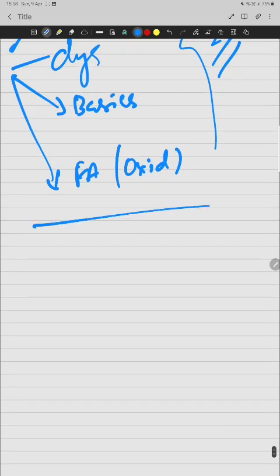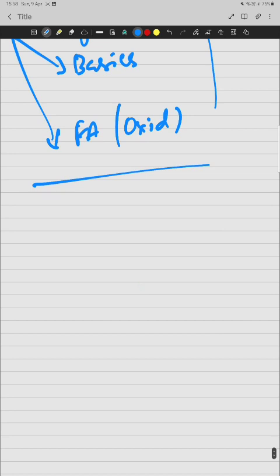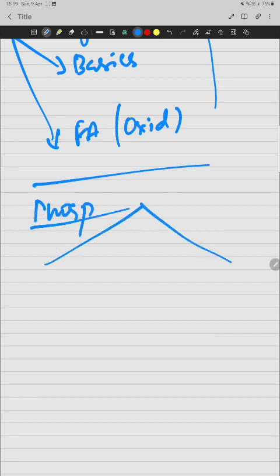Lipid is a heterogeneous compound that is soluble in non-polar solvents. There is a classification: simple lipid, compound lipid, and miscellaneous lipid, and no one is going to ask questions on that. Phospholipid is a type of compound lipid, and this is very, very important.